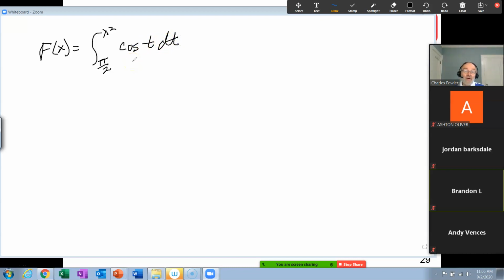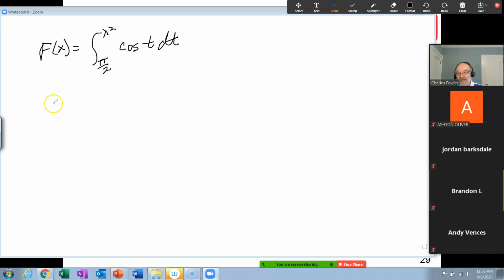Now, that almost looks like the second fundamental theorem of calculus, but not quite. Because, okay, the a can be pi halves, no problem with that at all. But this in the fundamental theorem of calculus should have been an x, not an x squared. Okay, so we have an issue here.